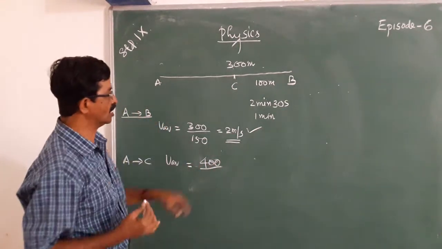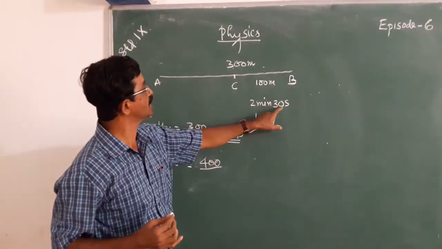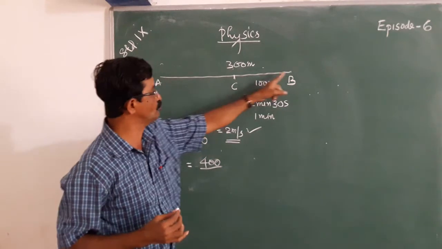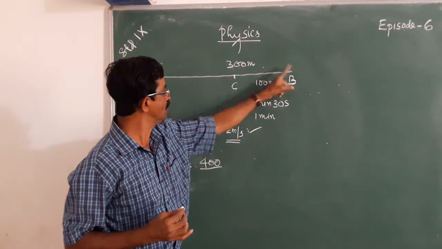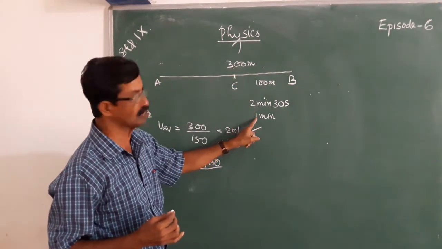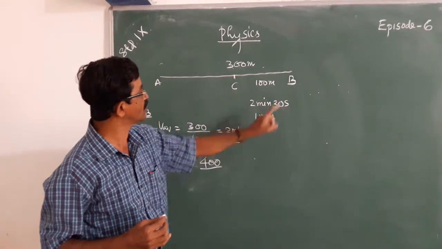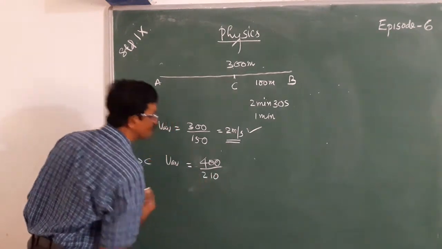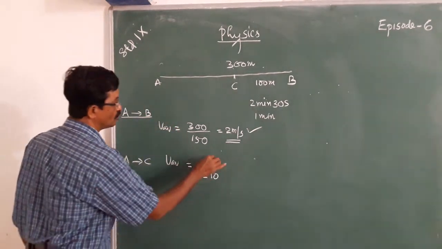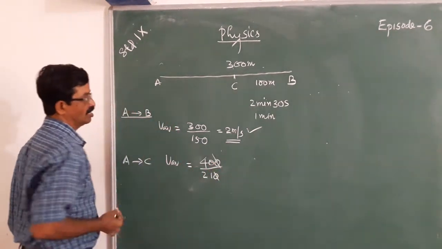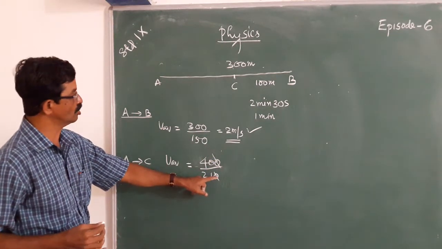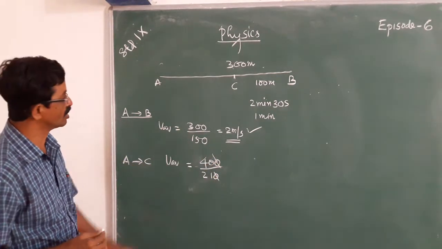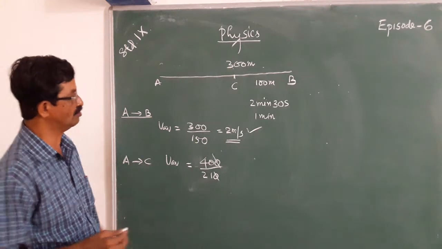What is the time? Here 2 minutes 30 seconds from A to B and from B to C 1 minute. Total time taken 3 minutes 30 seconds, that means 210 seconds. Now we simplify. We cancel the 0 from up and down. Then what we get? 40 by 21.